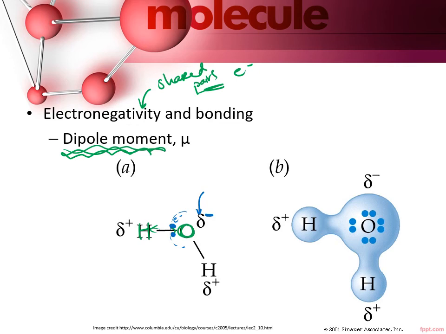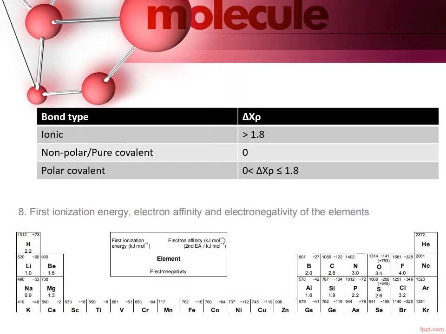And because the electrons are less close to hydrogen, hydrogen is left partially positive. This sets up a little bit of poles. We say that water is polar because it has a positive side near the hydrogens and a negative side near the oxygen. Water has a dipole moment because it literally has two poles, a positive pole on the hydrogen side, a negative pole on the oxygen side.